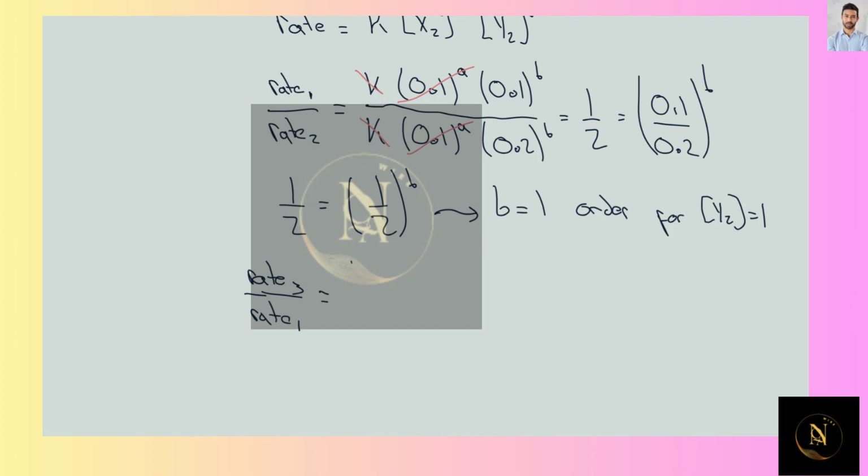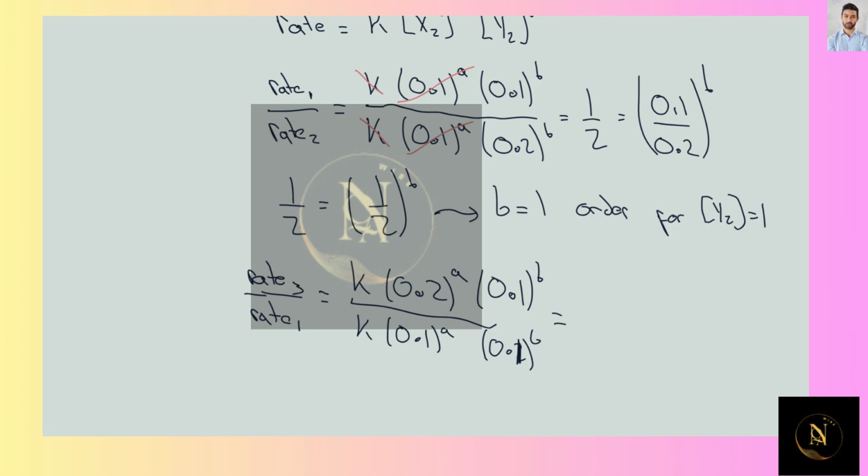Okay, the constants are the same. For experiment 3, what we have is that the concentration of x2 is 0.2 to the A, the concentration of y2 is 0.1 to the B, and for experiment 1, k times 0.1 to the A times 0.1 to the B.